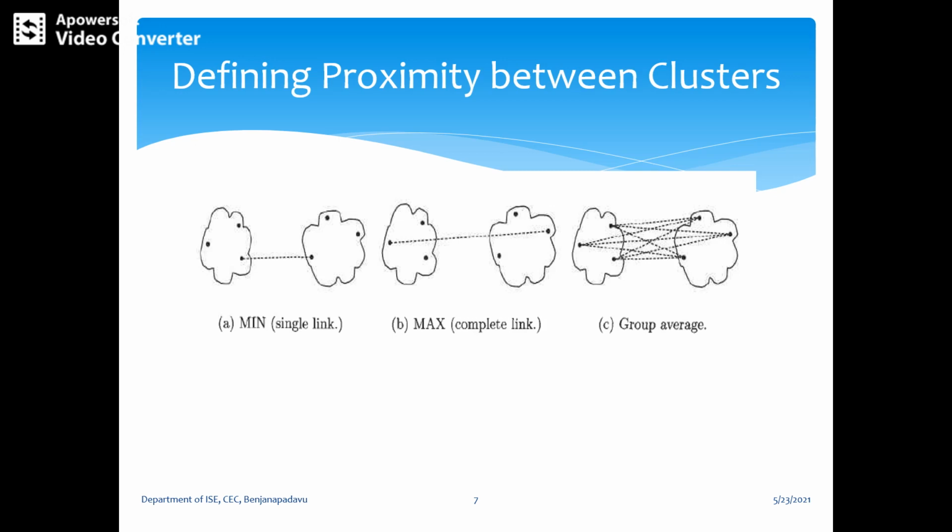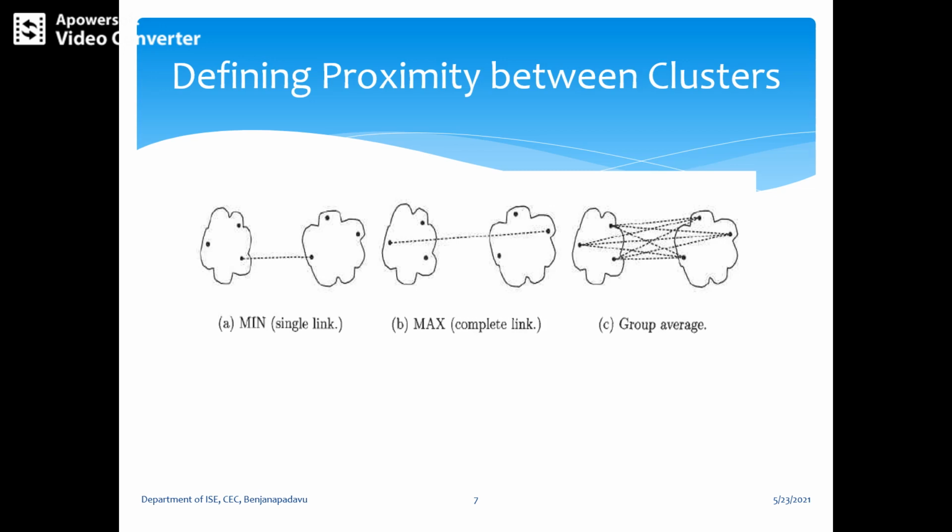Here min, or single link, defines cluster proximity as the proximity between the closest two points that are in different clusters. Using graph terms, this is the shortest edge between two nodes in different subsets of nodes.